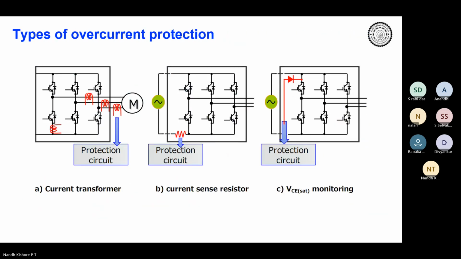Correct? Okay. So what is the way you will overcome that? You have multiple means to overcome that. First thing is you need to sense the fault, correct? So if it is a highly inductive fault, you will of course have current sensors towards your load side. This is a simple case of VSI feeding a motor, correct? So you will have current transformers over here, they will sense the phase currents.